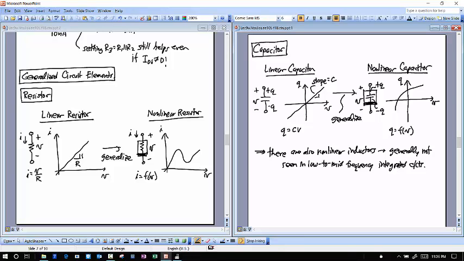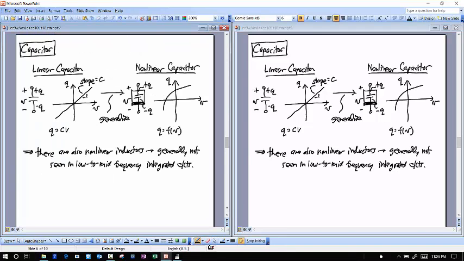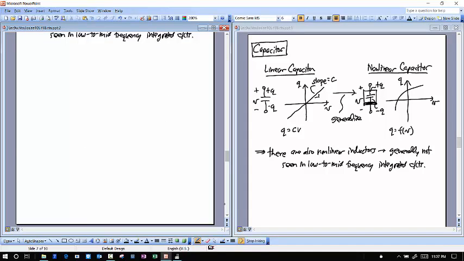generalized circuit elements. And a great example of this is something that we'll be seeing a lot of, at least parts of this device in this class, and that is a diode. A diode has several models. You can show several models for diodes.